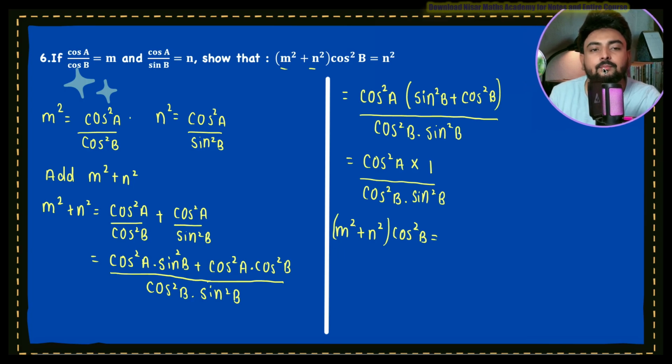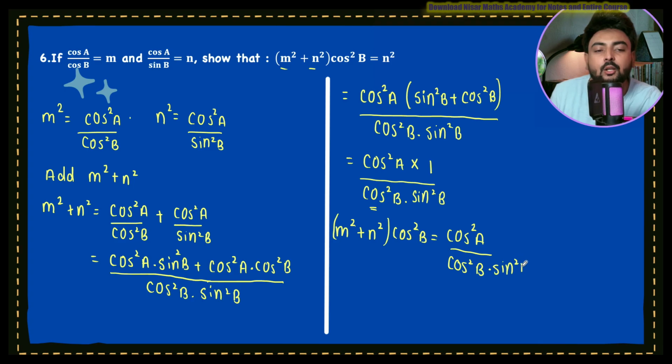So I'll be getting here m square plus n square into cos square b, which means I'll be multiplying the value of m square plus n square with cos square b. What we got as the value is cos square a upon cos square b into sin square b. This is the value of m square plus n square, and I'll multiply it with cos square b.